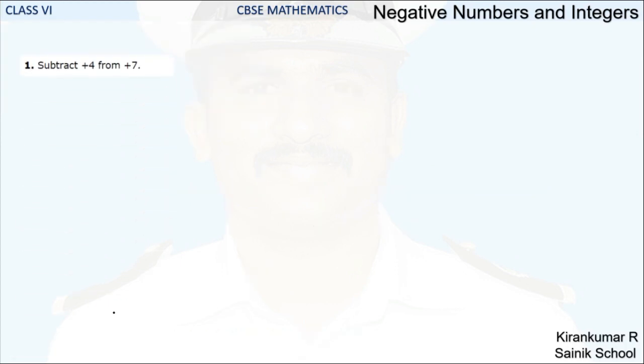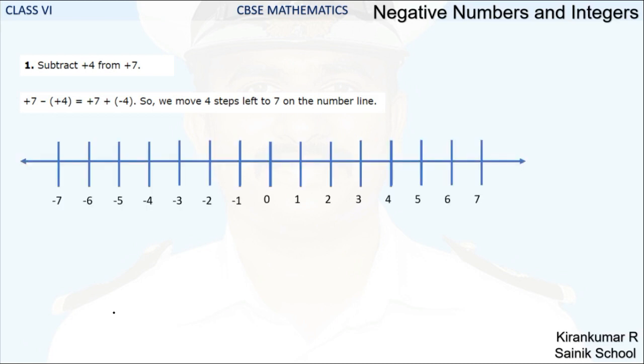First, let me subtract 4 from 7. Both are positive integers. When positive 7 and positive 4 are considered, 7 minus 4 is the same as 7 added to the inverse of positive 4. So we move 4 steps to the left of 7 on the number line. Consider a number line.